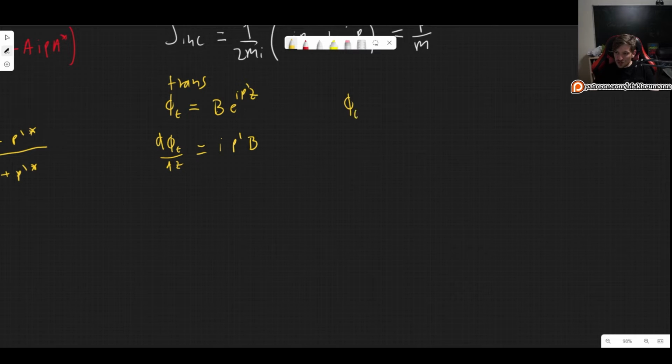Now the conjugate wave function will be b conjugate e to the minus i p prime conjugate z, and then we take its derivative, d dz, and we get b conjugate times minus i p prime conjugate. And times the exponent, of course, but the exponents will all go to 1 as before, so no need to worry.